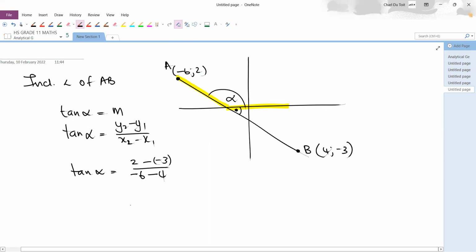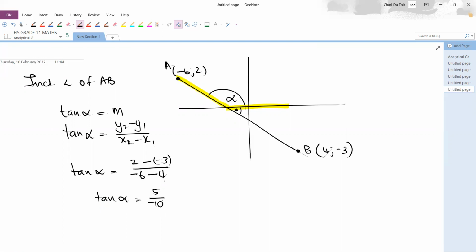You don't have to get an answer for that, you can just shift tan and all that calculation. That's 5 over -10. So you're going to get a negative answer. Shift tan.